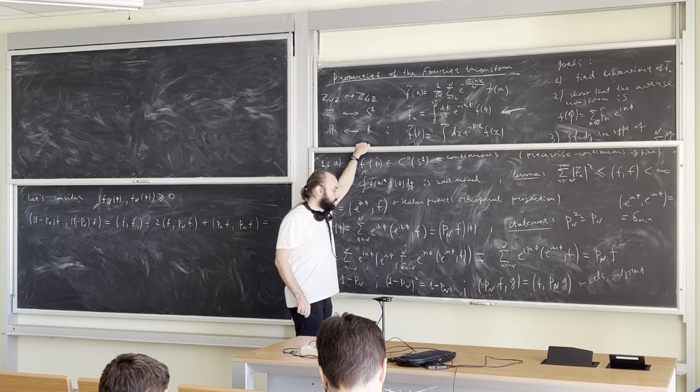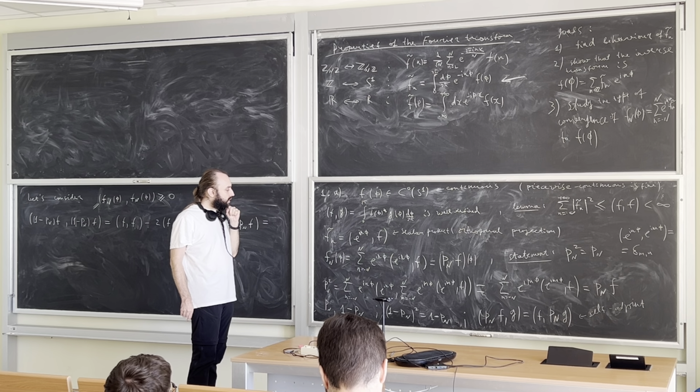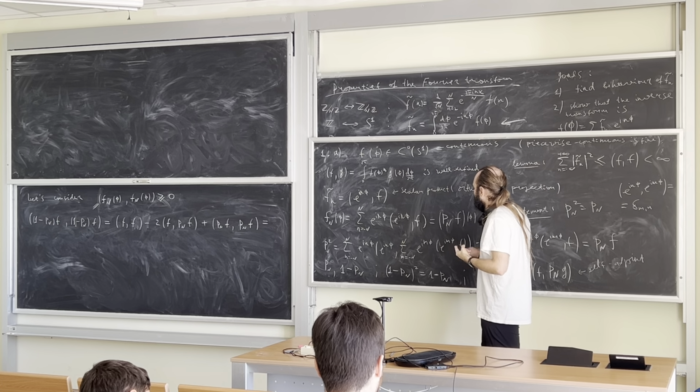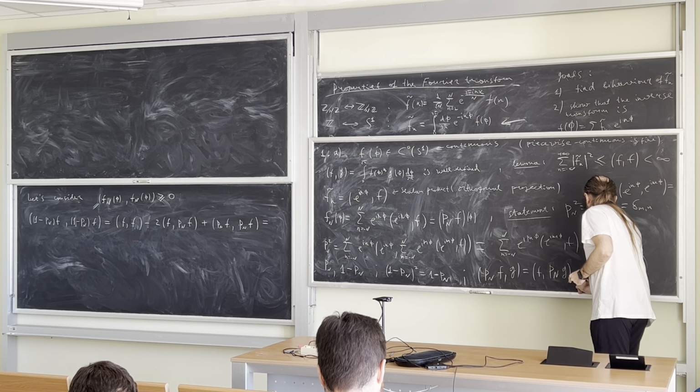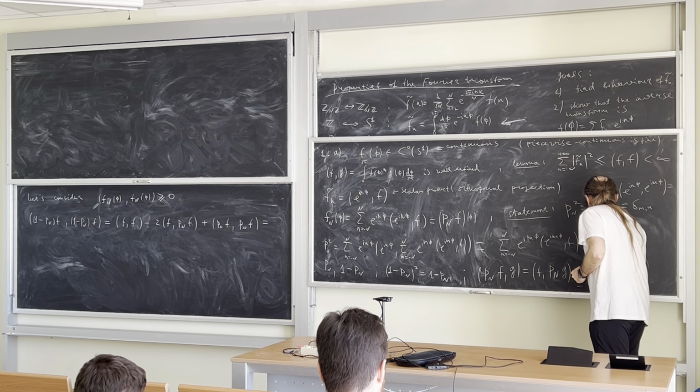So do we need to prove this? Well, let us actually prove the statement, because to prove it, we simply need to compute the scalar product and write that it equals the sum from n equals minus n to n of f scalar product e to the i n phi, times e to the i n phi g.